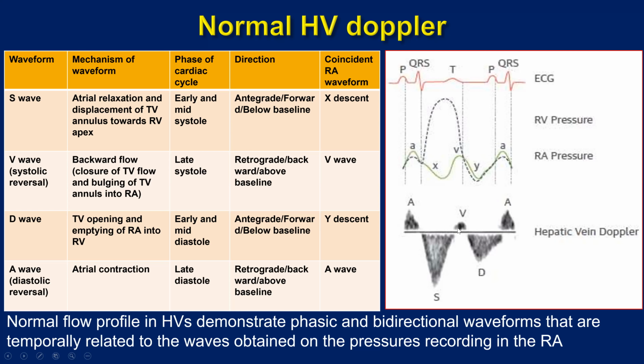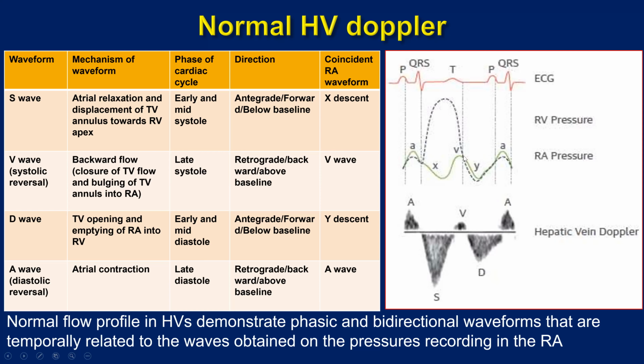Okay, when is it? During end systole, before diastole. At the end of systole, because of the bulging of the tricuspid valve annulus into the RA, this will cause a reversal, which is the V wave, a small one usually. And then the D wave, as we said, is when the tricuspid valve opens, in diastole.